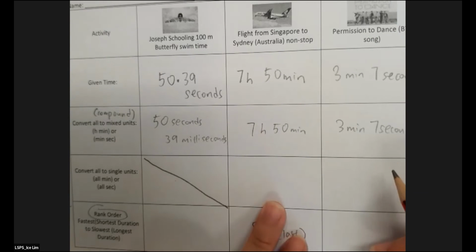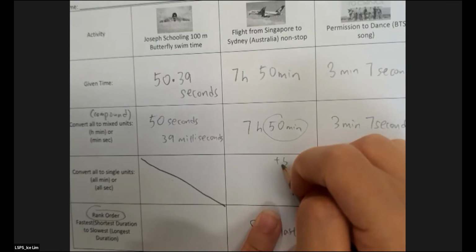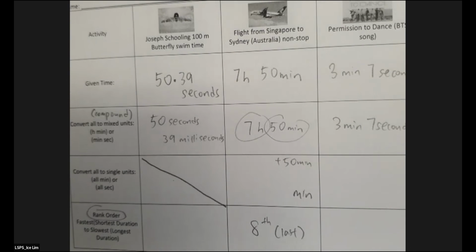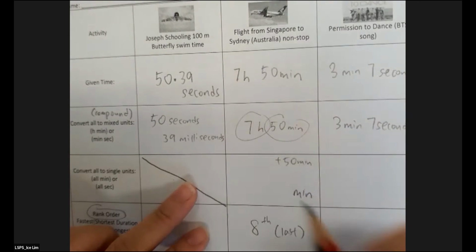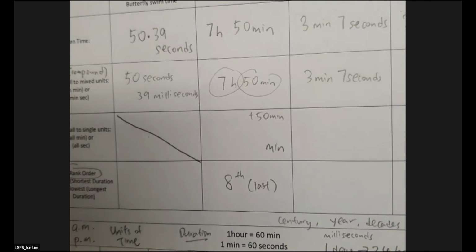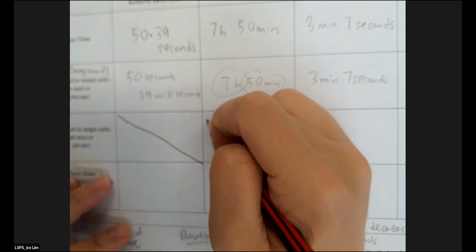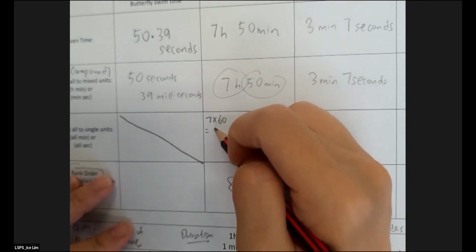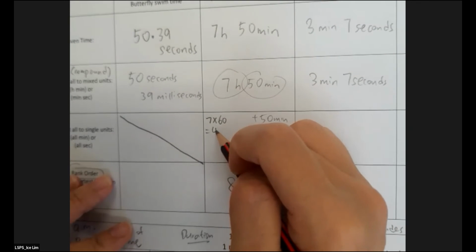But this one, 7 hours and 50 minutes. Do you think I can change it all to just minutes? So 50 minutes stays, so I got 50 minutes. Then 7 hours: 7 times 60, because 1 hour is 60 minutes, right? So 7 hours is 7 times 60, which is 420.